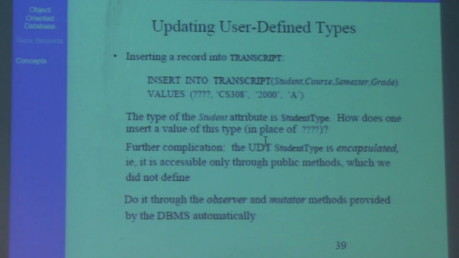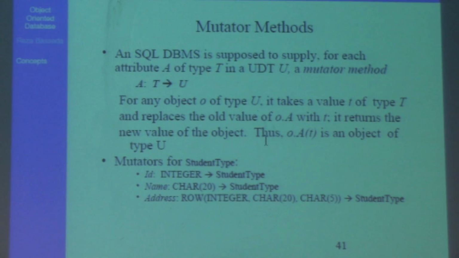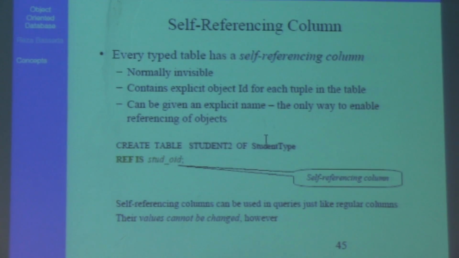So, which one is used? Ref is the student OID. It means that you have this reference available.